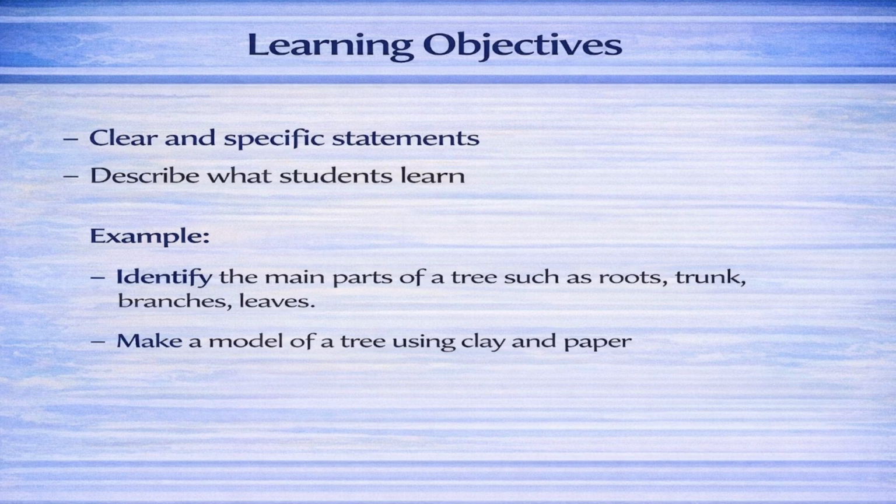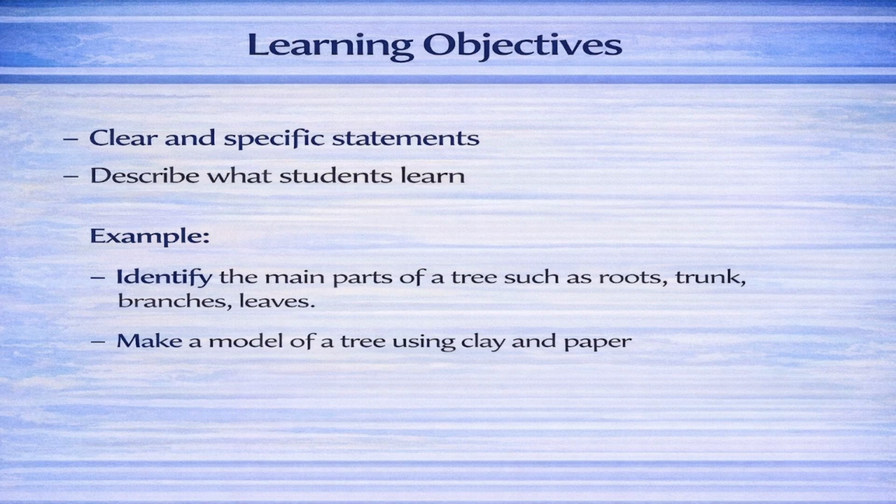For example, suppose you are teaching the topic tree. Your objectives may be like this. A student will be able to identify the main parts of a tree such as roots, trunk, branches and leaves. An objective can be make a model of a tree using clay, paper or other materials. As a teacher, you must know your learning objectives.